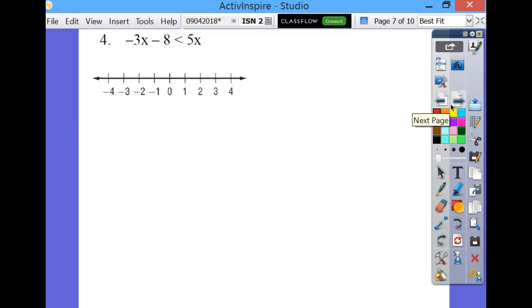Now, there's more than one way to solve this particular problem, and so would you please write it down? When you solve an inequality, when you get to the bottom, the x needs to be on the left.